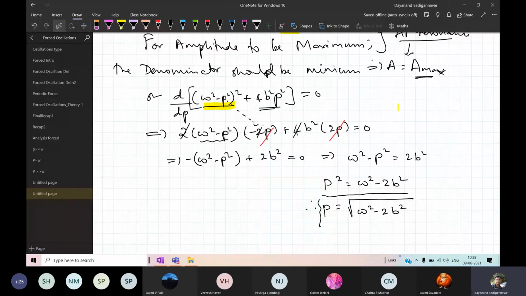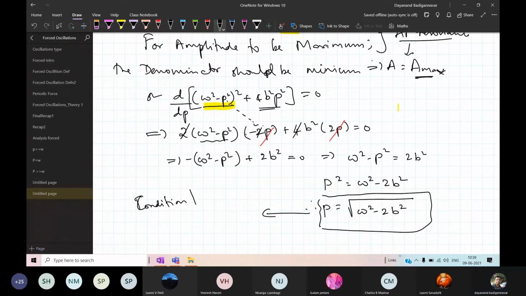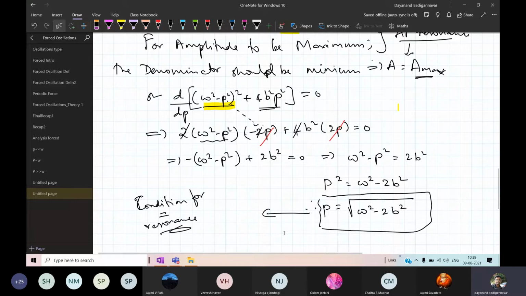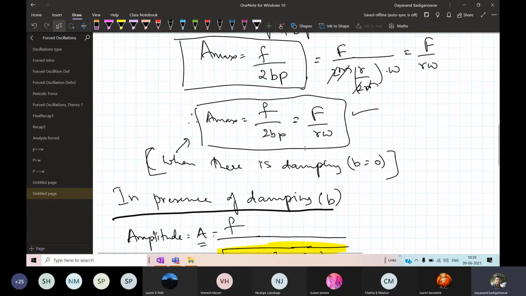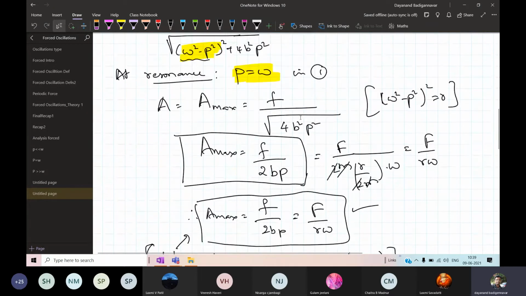This is the frequency at which the resonance takes place. This is the condition for resonance. Now look here. When there is no damping, B is 0. When B is equal to 0, this is the condition when there is no damping.